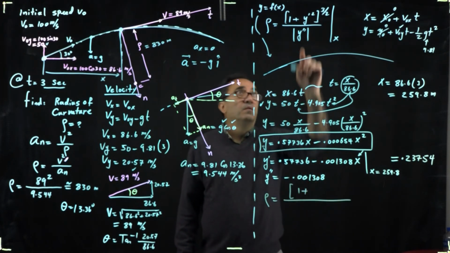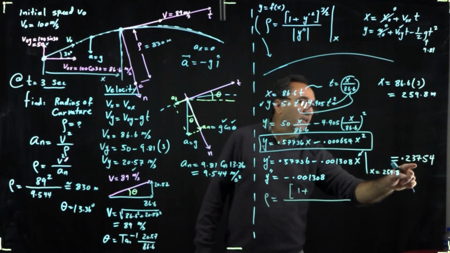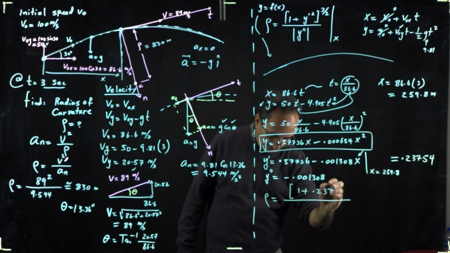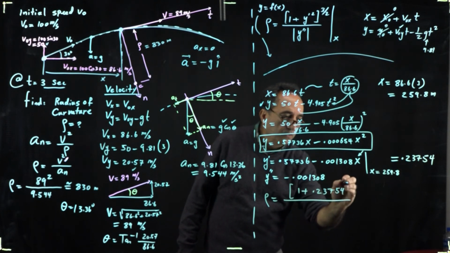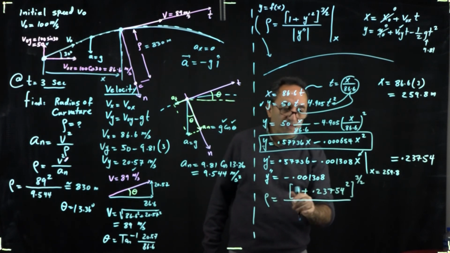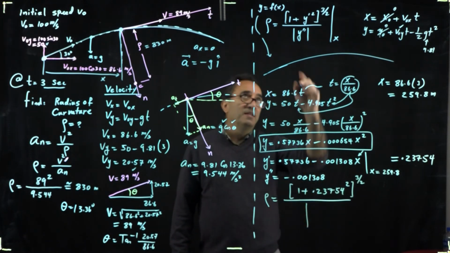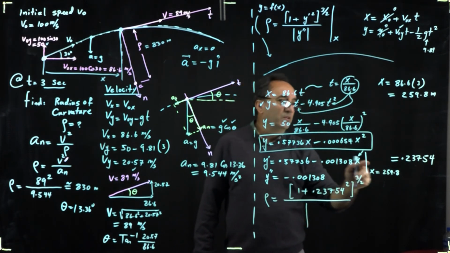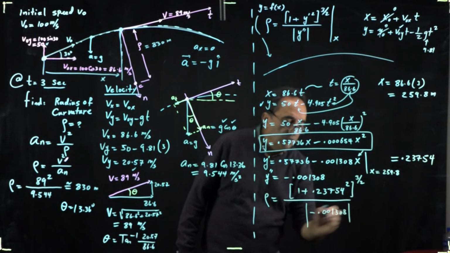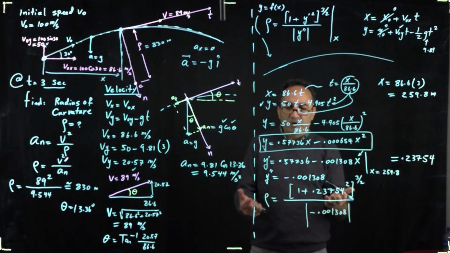So 1 plus y prime, which was calculated at that x, 0.23754 squared, and the whole thing raised to power 3/2 after you add 1. And notice that you see now why we need the absolute value here, because your second derivative could be negative. The numerator is always positive, but you don't want a negative denominator because you want a positive rho.